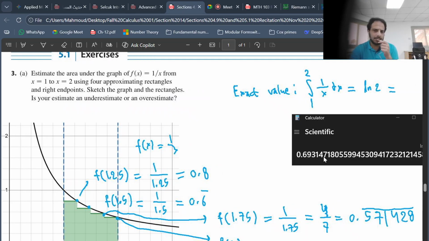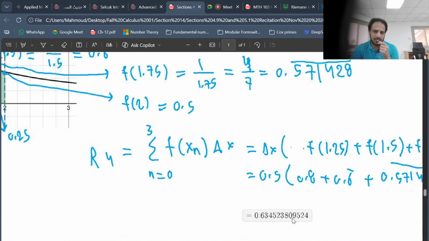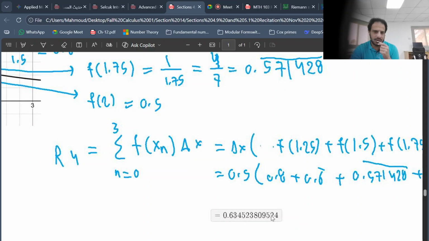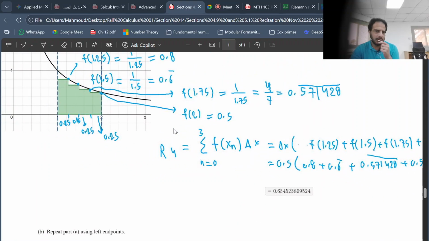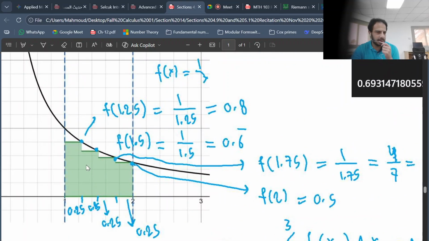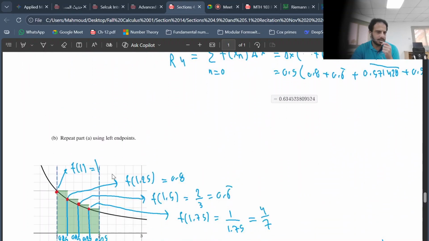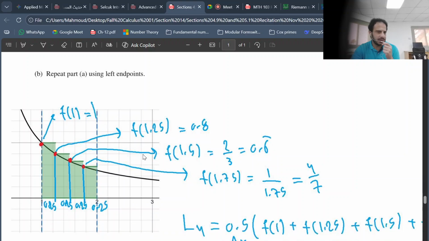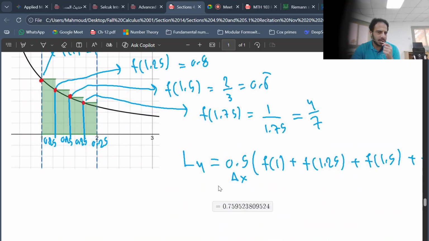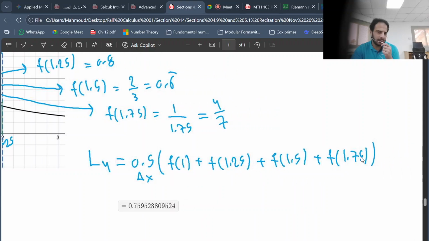You will get this answer, 0.63. If you want to see the graph, it's here. Here you have 4 rectangles with right endpoints. If you solve it with left endpoints, this time you start with x0, 1, and you stop at 1.75.